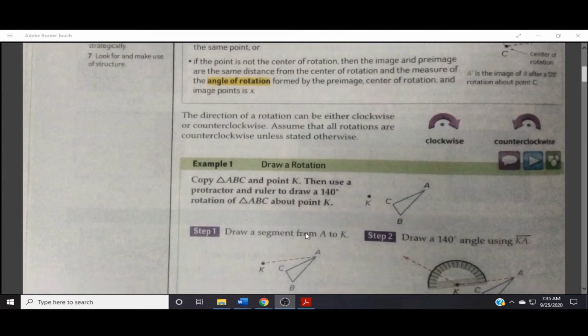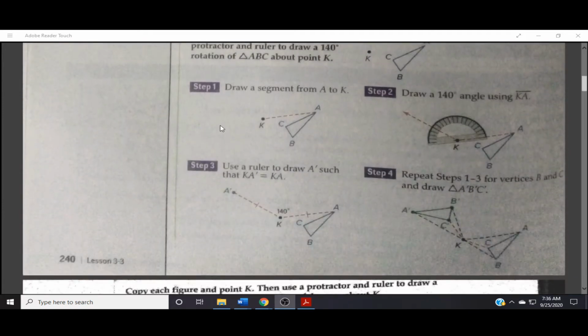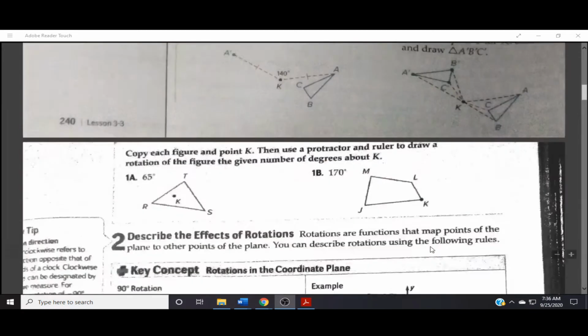For example, this shows how to do it. If you have a point, you use that to reflect each of your points from the image, and then you take that and do the exact same steps to make your other image.